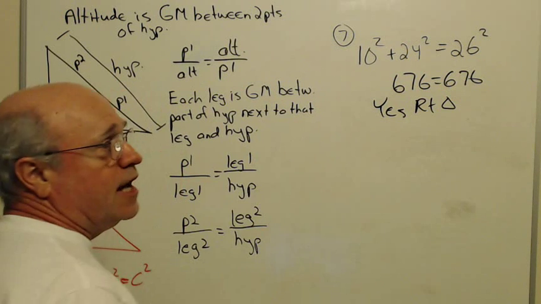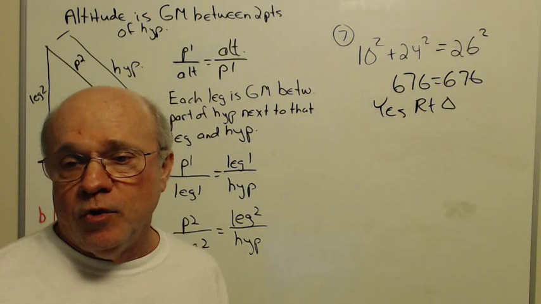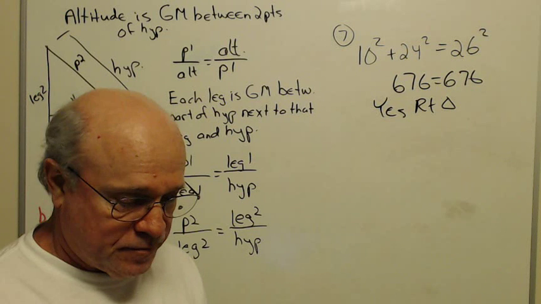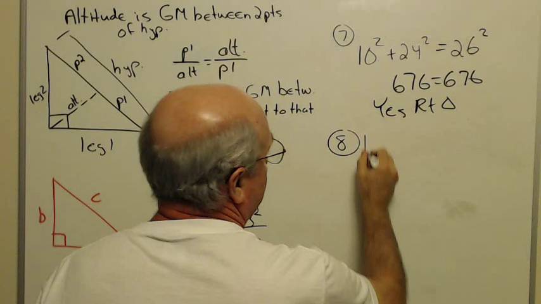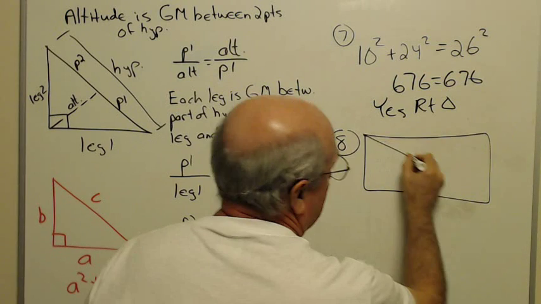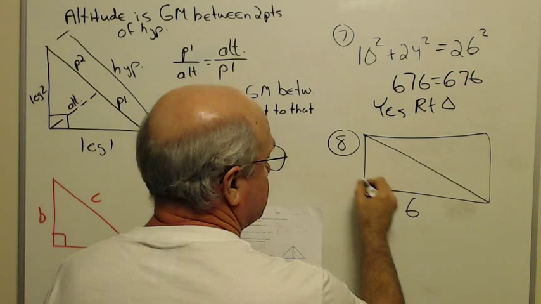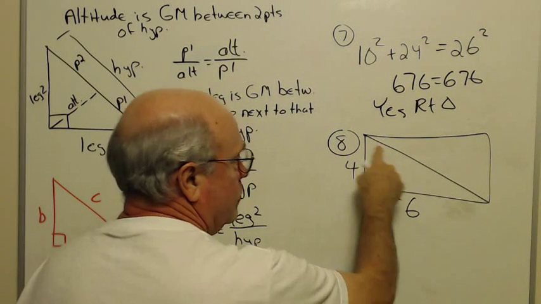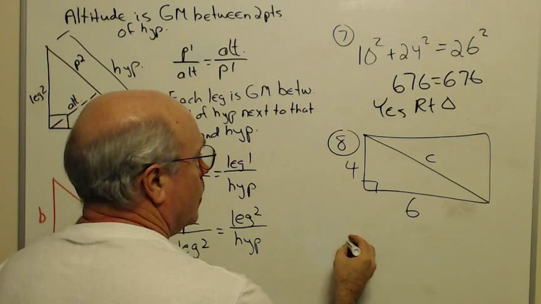The question was not asked whether 10, 24, and 26 would make a Pythagorean triple, but they would because they're whole numbers. On number 8, we're looking at the diagonal of a rectangle. And we want to know how long it is if this guy is 6 by 4. Well, you've just got a right triangle here, so again, you've got the Pythagorean theorem.